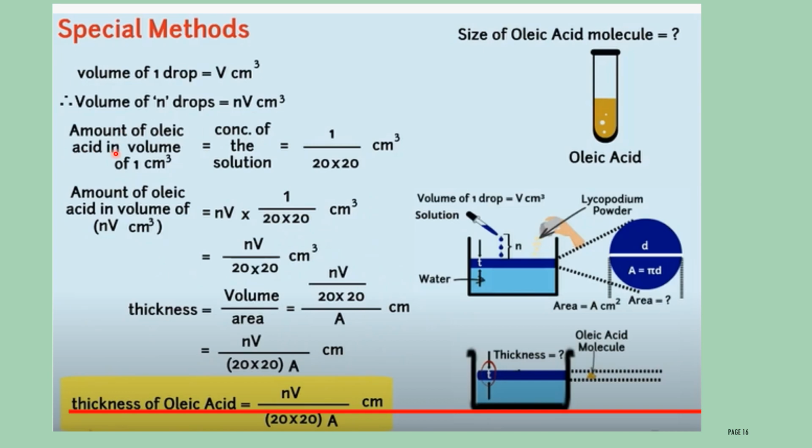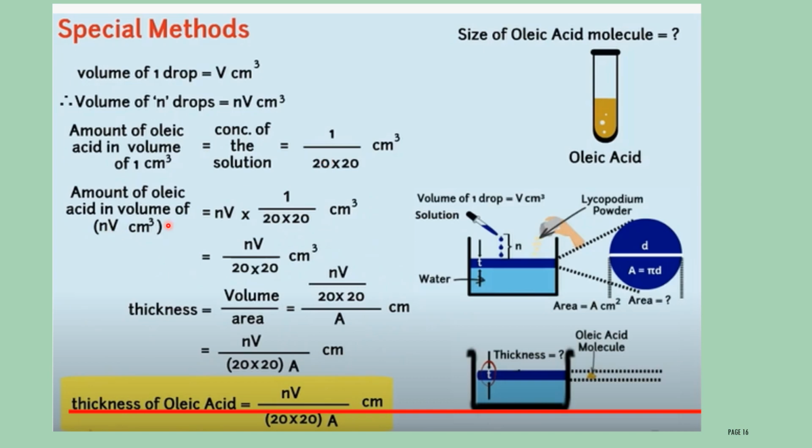Then the amount of oleic acid in a volume of 1 cm³ is equal to the concentration of the solution. How much oleic acid is present in 1 cm³ of the solution? It is equal to the concentration of the solution, which is 1/(20×20) cm³. This we already studied, how you got the concentration of the solution.